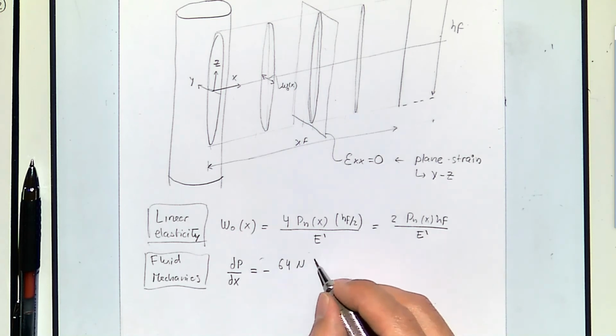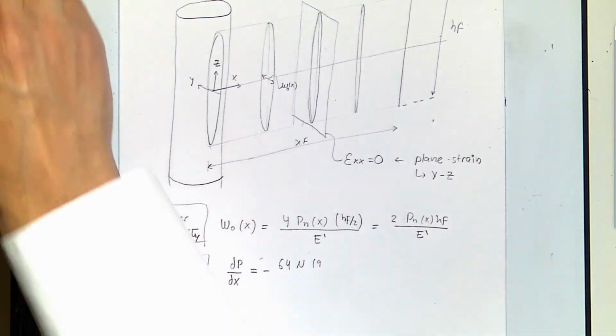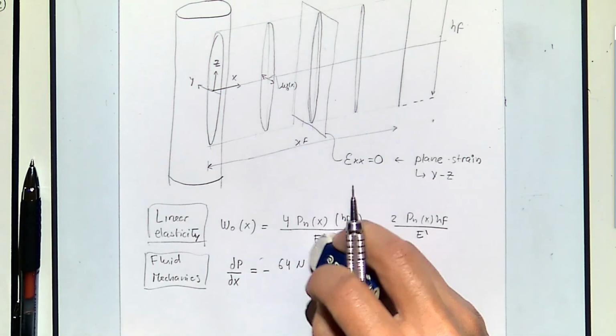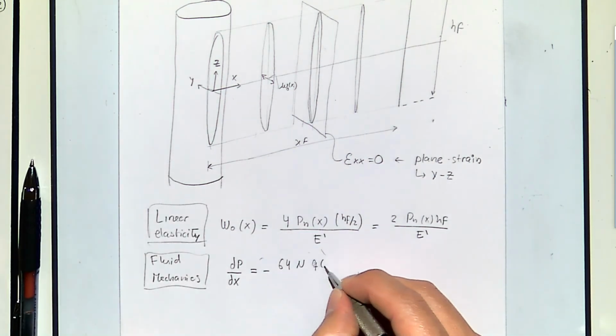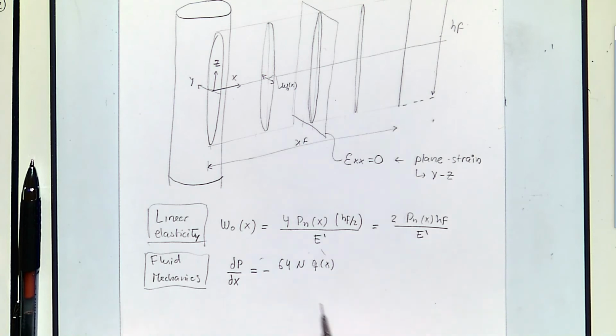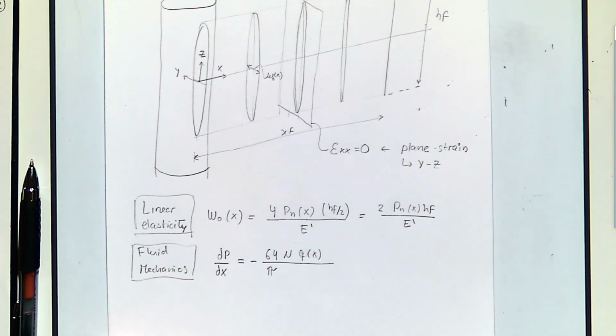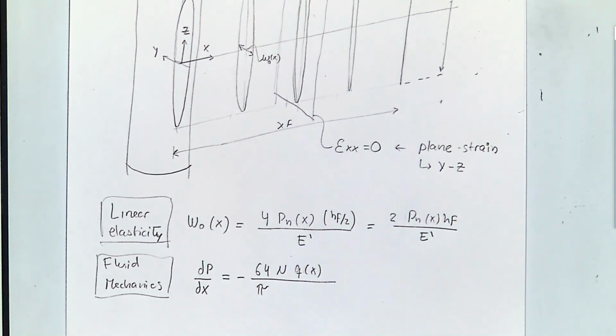It depends on the viscosity of the fluid, depends on the flow rate at the position x. So 64. That's a 64. Just a number.